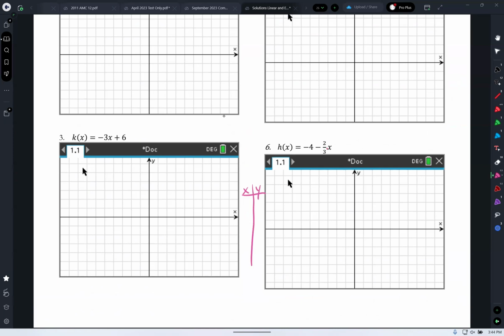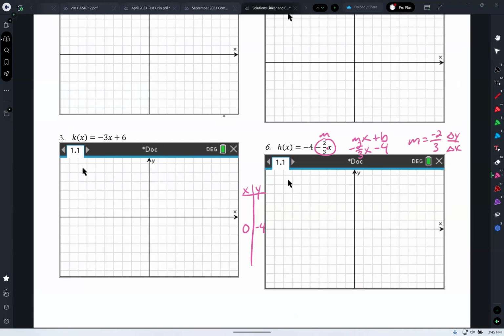I know that this multiplication is a constant additive rate of change, so that's my slope. Even though it's backwards from mx plus b, it's still true. I can switch the order as much as I want. My y-intercept is (0, -4). The input for the y-intercept is always 0. And then I have a slope of -2/3, right? Change in y divided by change in x.